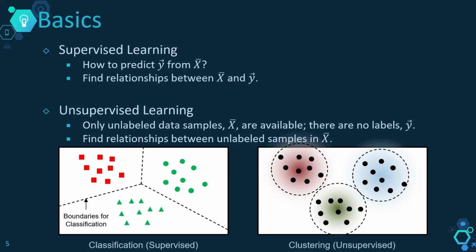Then calculate the distance from any newly given point to each center, and see which center has the shortest distance from that point. Then we say that it belongs to that cluster. So this is for clustering. But we may have much more complicated algorithms for determining how to cluster the points and how to determine which cluster a new point belongs to.